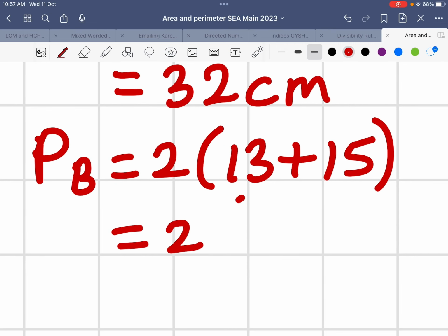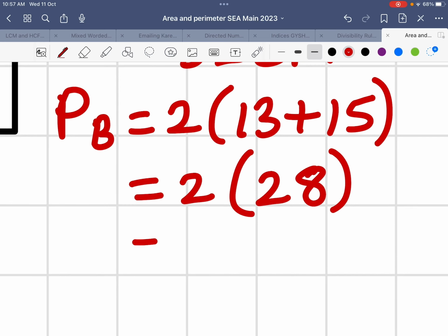That will be 2 times 13 plus 15 is 28. 28 times 2 is 56.